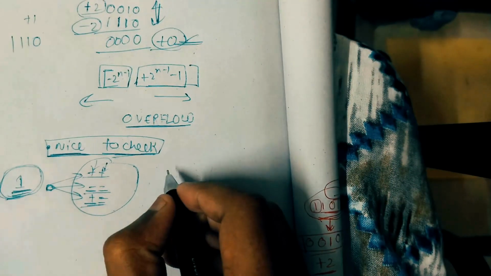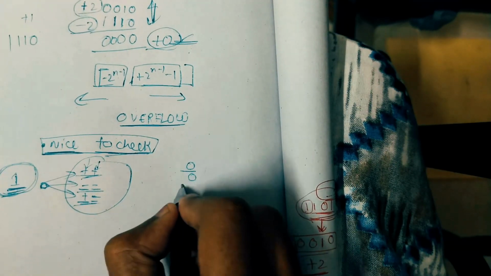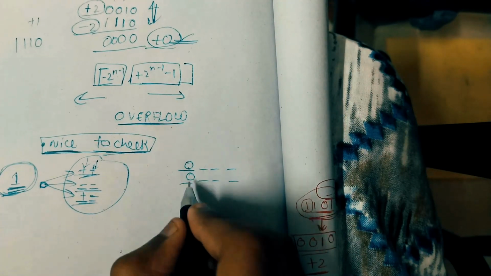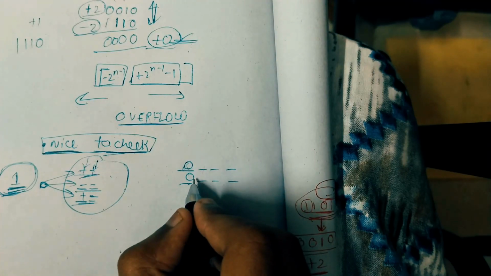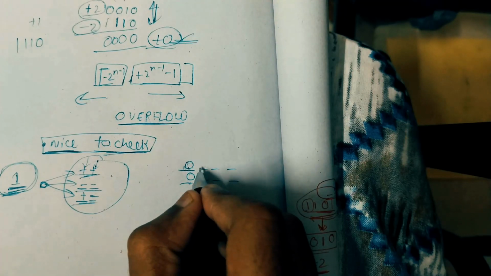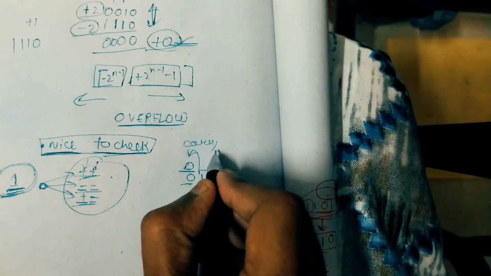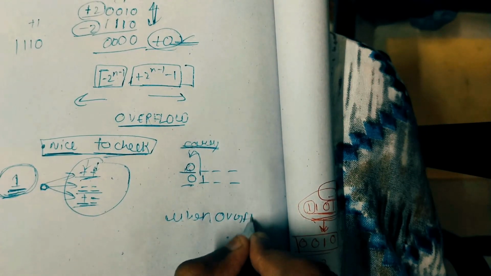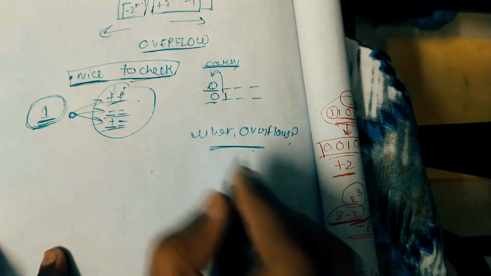Okay, so let's look at plus plus first of all. The sign bit would be just 0. Here we will have some bits. The sign bits of both the numbers would be 0 and 0 because both are positive numbers. So here these two will be producing some carry. Now when will overflow happen?